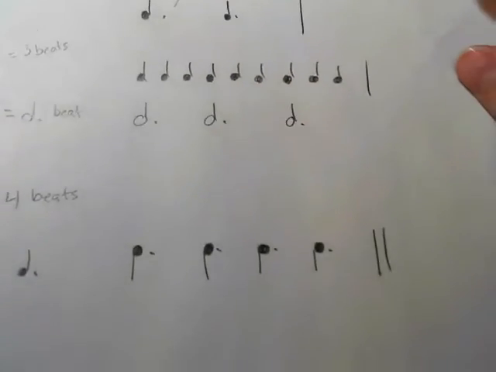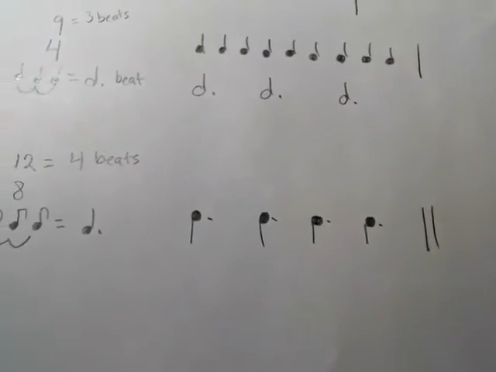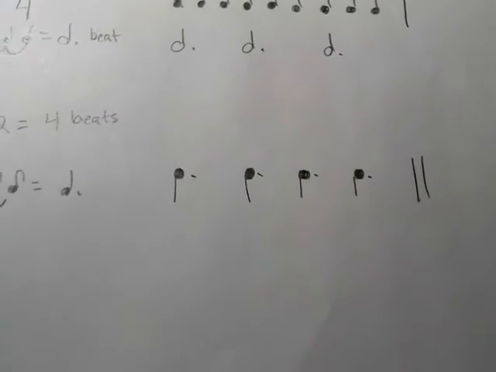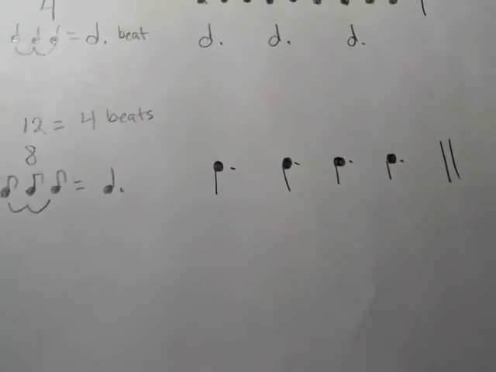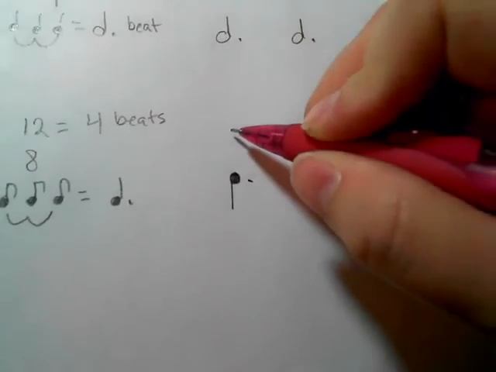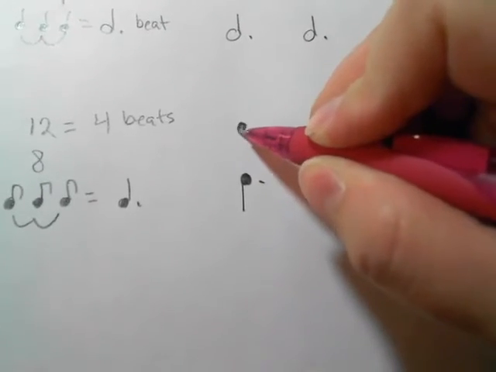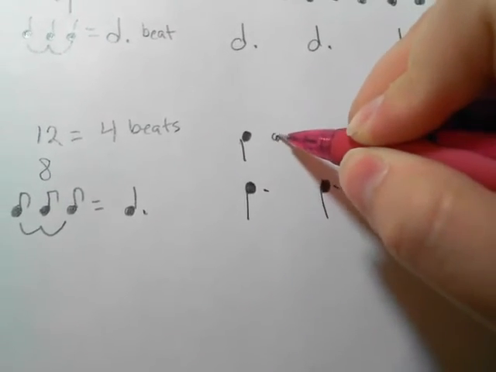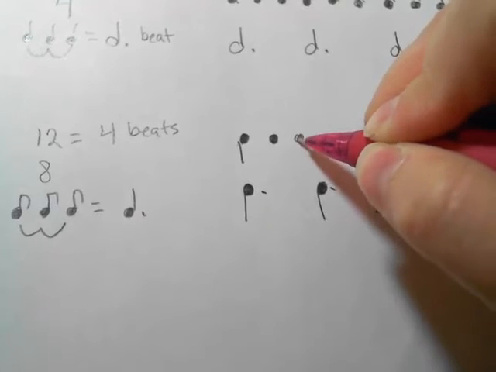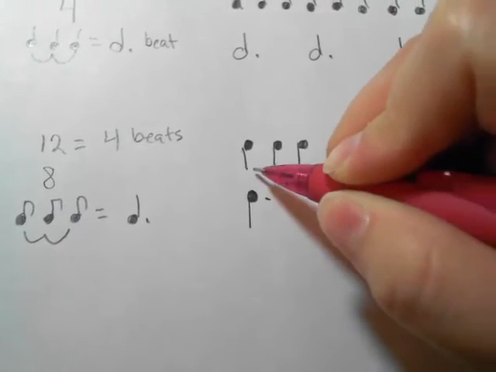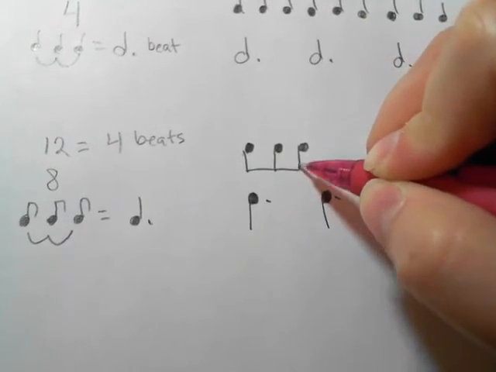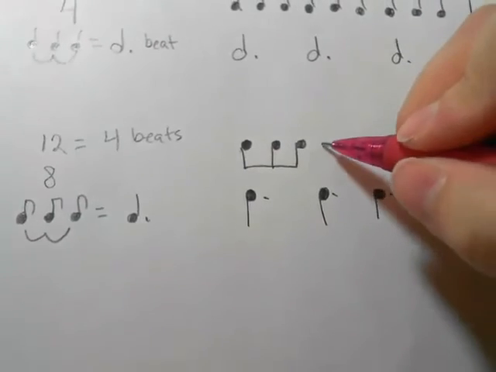So something you can do to show the beat if you do have eighth notes, instead of using flags, you can use beams. Beaming is actually really useful in notation because beams can show us where the beat falls when we have these shorter note values.